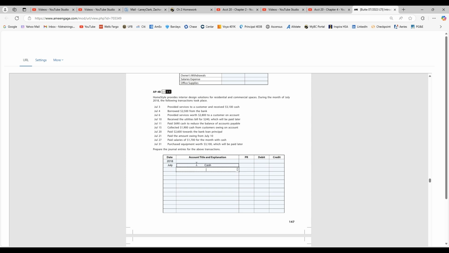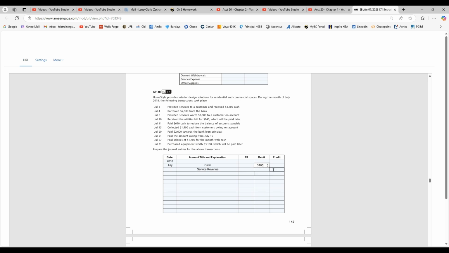The debit account should really be formatted all the way to the left here, and then the credit account, which we'll input here as service revenue because we earned that revenue, should really be indented over. So it's going to look a little funny there, but it is what it is.